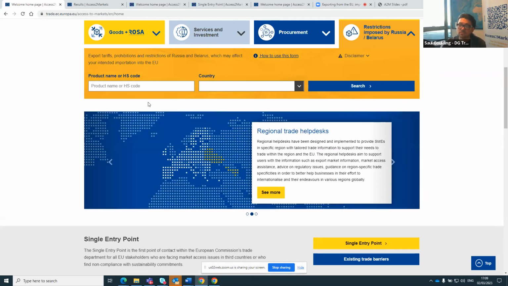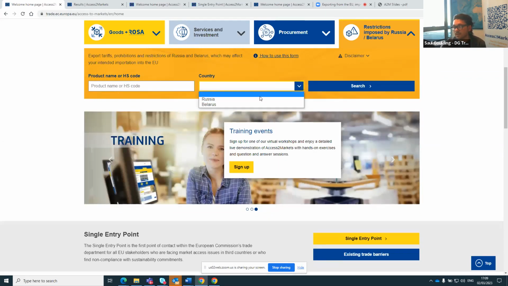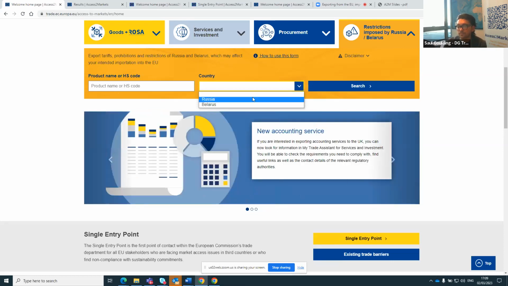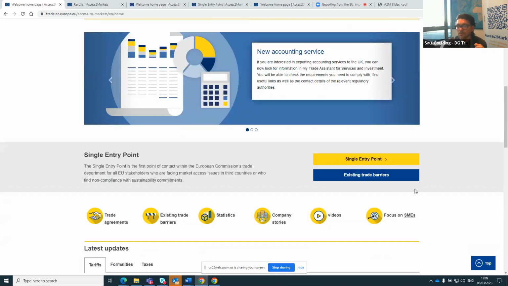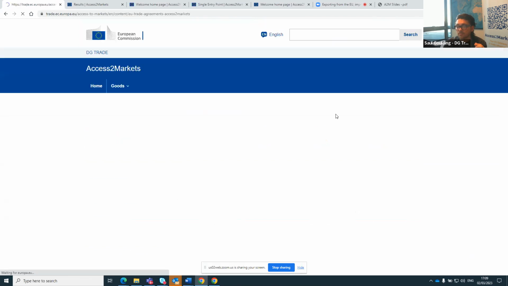So you can search here by product name or HS code. The data will bring you an idea of what will be affecting your product by Belarus or by Russia. We also have an overview of our trade agreements.